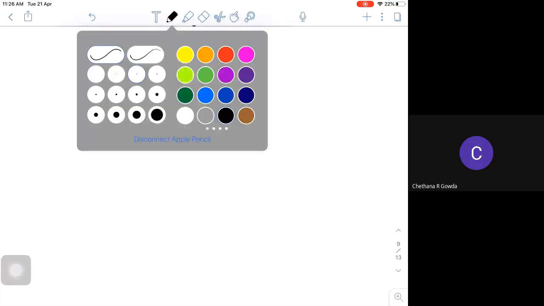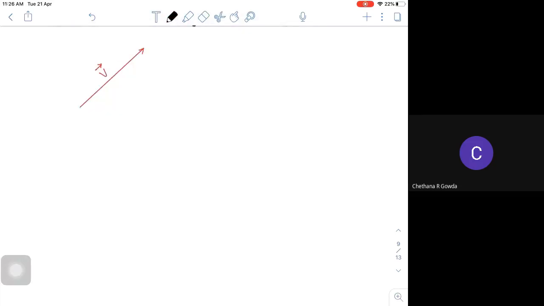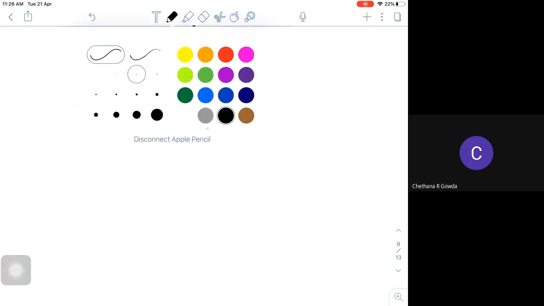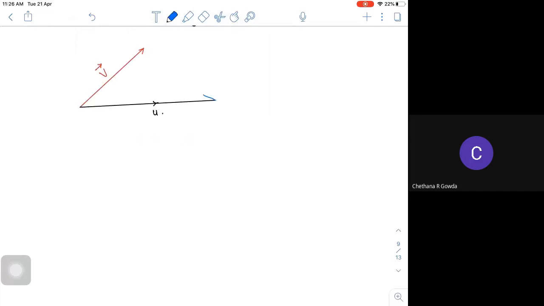Suppose I put a velocity triangle like this, which is my absolute velocity, then I have the peripheral velocity like this, which is my U, and then I have my relative velocity. This would be my relative velocity, Vr.